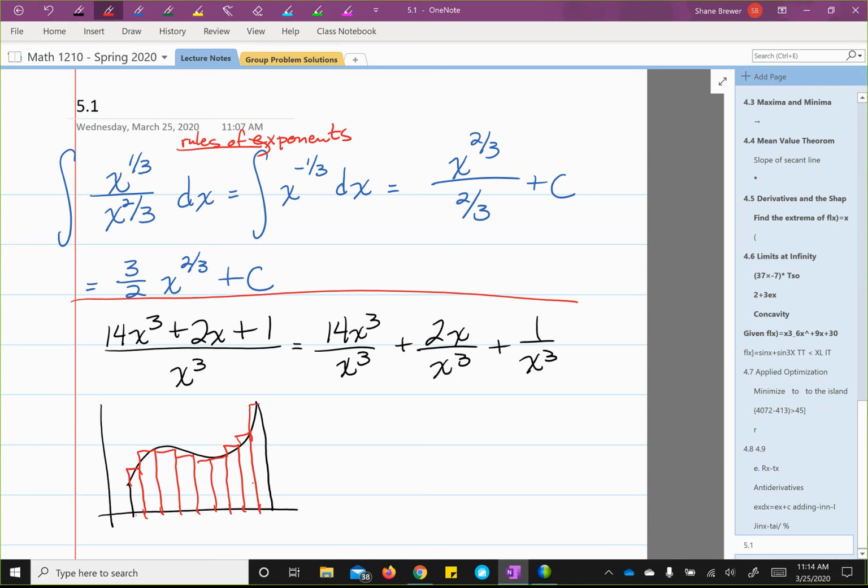And you should see videos for all of that in the online module. We'll actually start evaluating these limits and finding these areas using limits in 5.2. Okay.